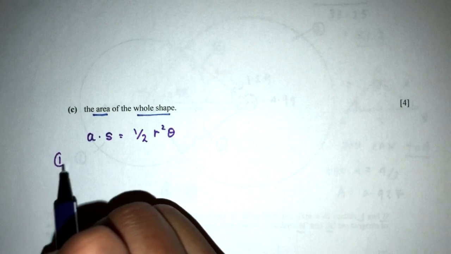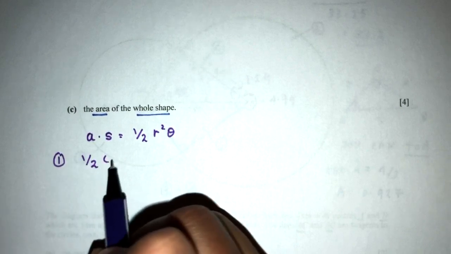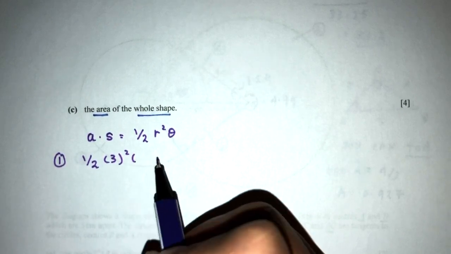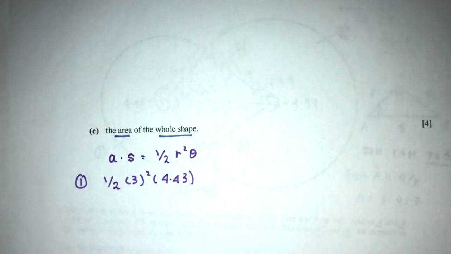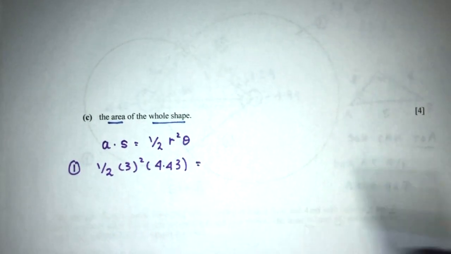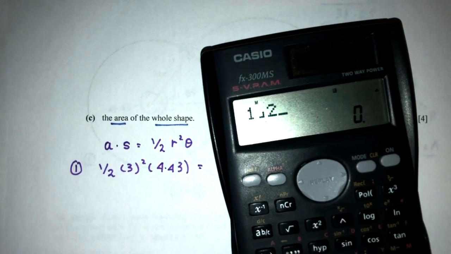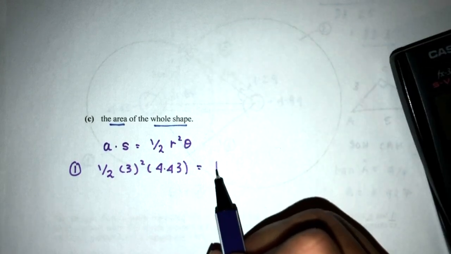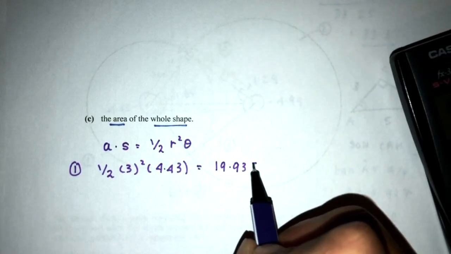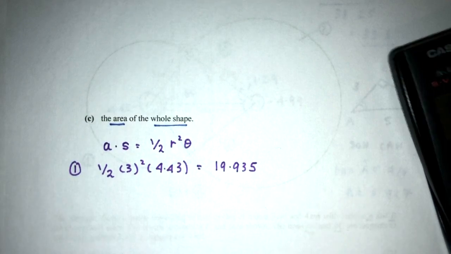Now number 1, that will be half r square is 3 square, and the angle here is 4.43. That's the first part. Okay, so let's simplify. Half times 9 times 4.43, that should give you 19.935.